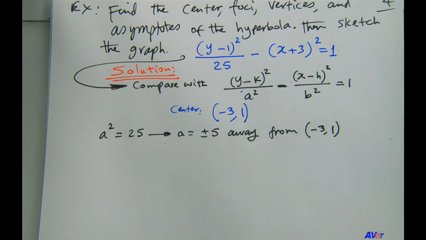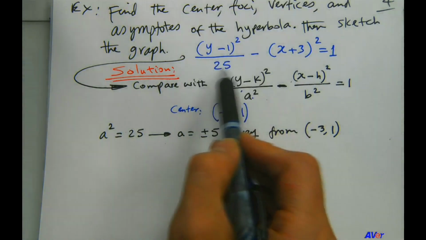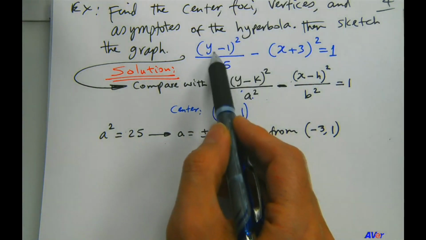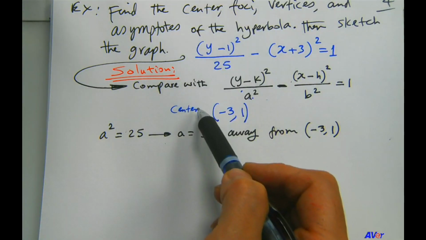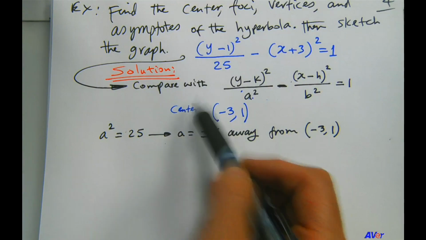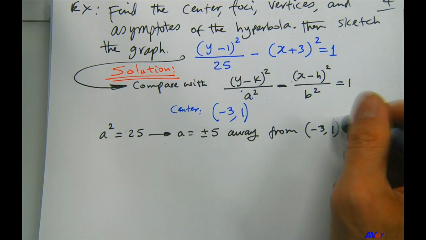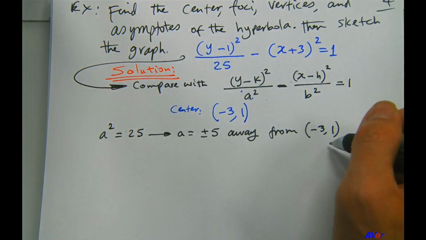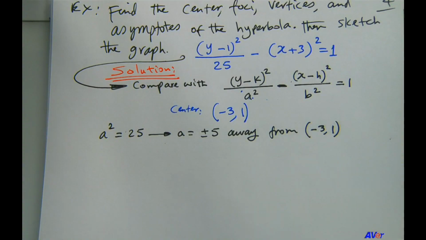Now the question is, in which direction, horizontally or vertically? Notice that a squared is under the y squared term, so this is a vertical hyperbola. Because this is a vertical hyperbola, these distances will be measured off the y component of the center.